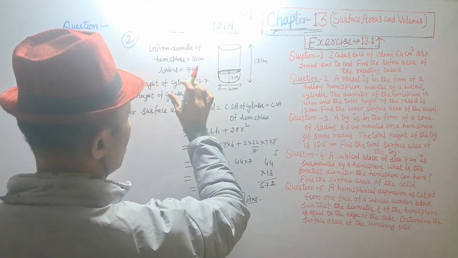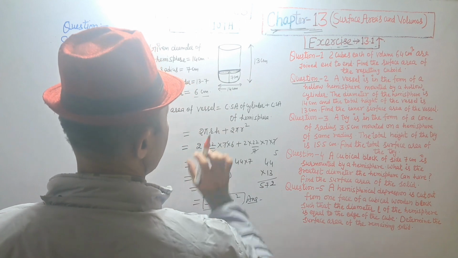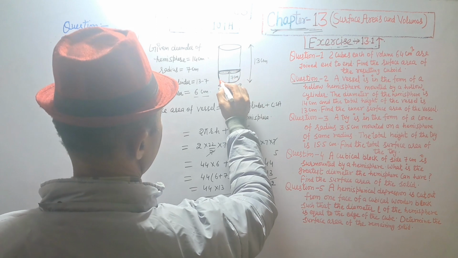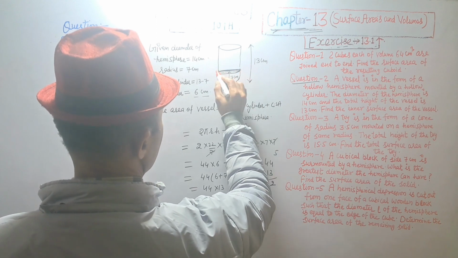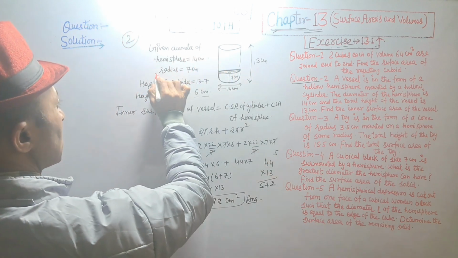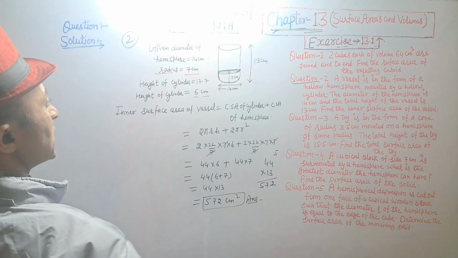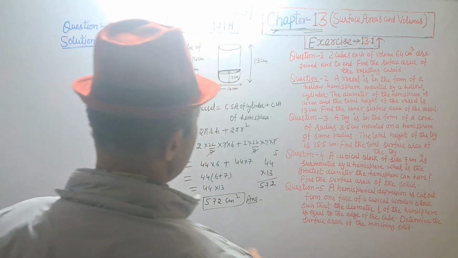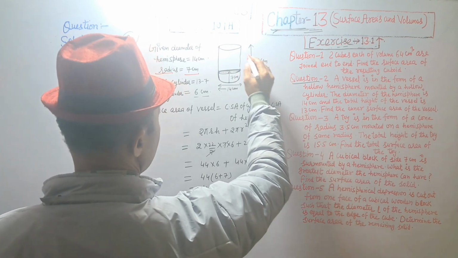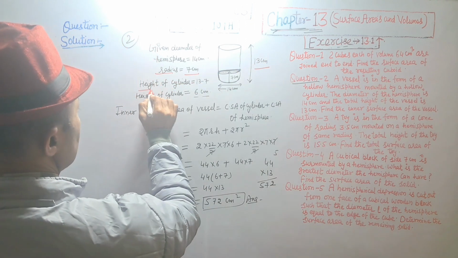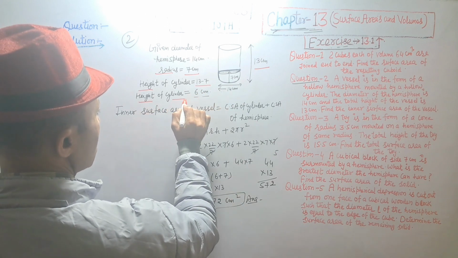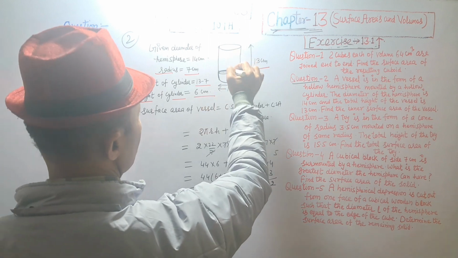A vessel is in the form of a hollow hemisphere mounted by a hollow cylinder. The diameter of the hemisphere is 14 and its radius is half of diameter, that is 14 divided by 2 is 7 centimeter. Total height we have 13 centimeter, and height of cylinder is 13 minus 7, that is 6 centimeter.